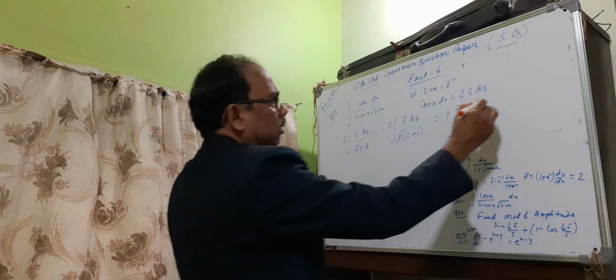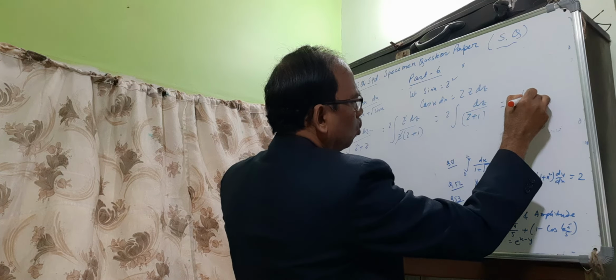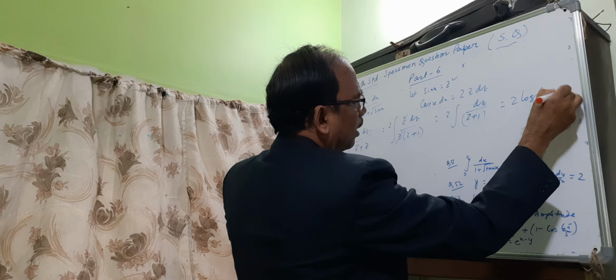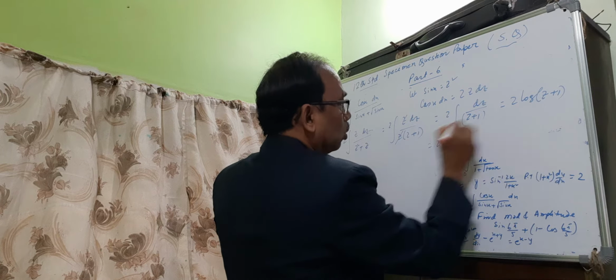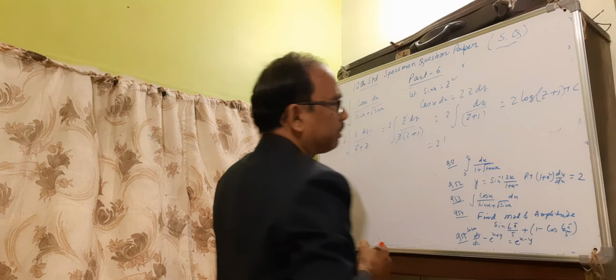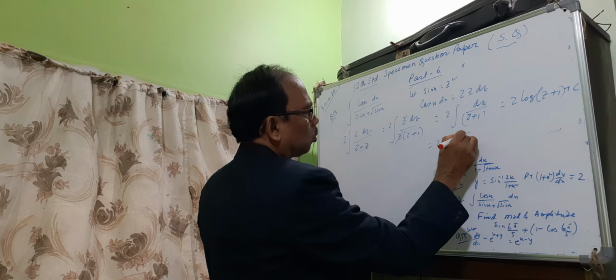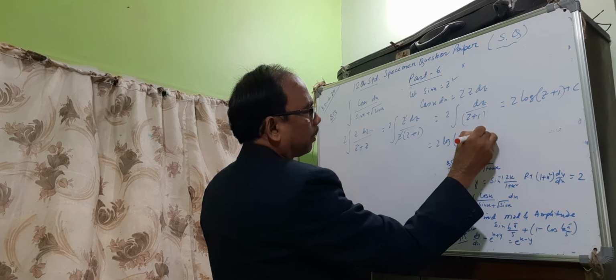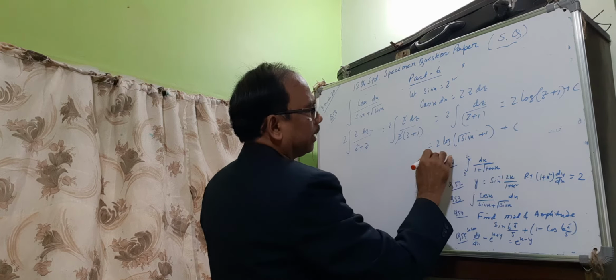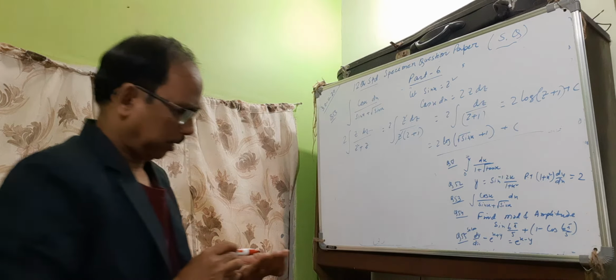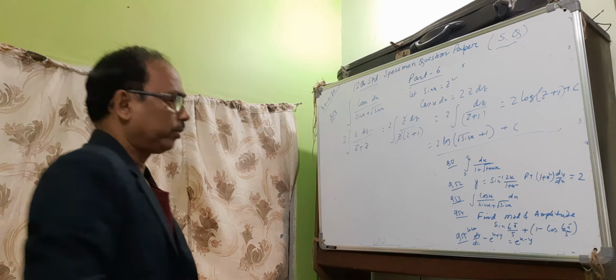The integral is log of z plus 1, so 2 log of z plus 1 plus c, where c is an arbitrary constant. Putting the value of z, 2 log of root over sin x plus 1 plus c. That is the value of the integration.